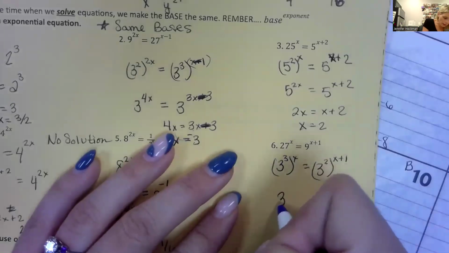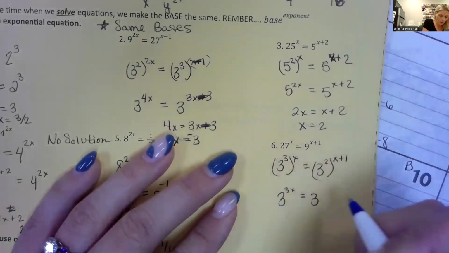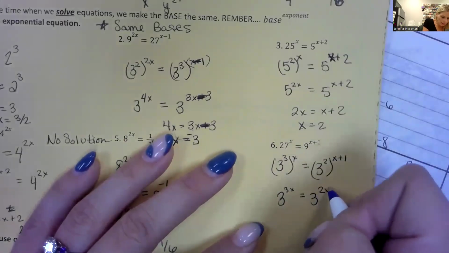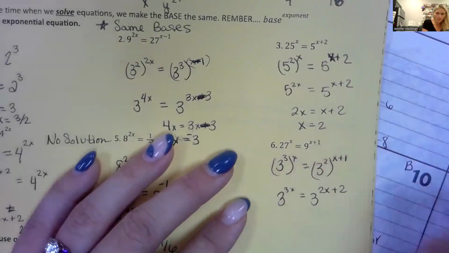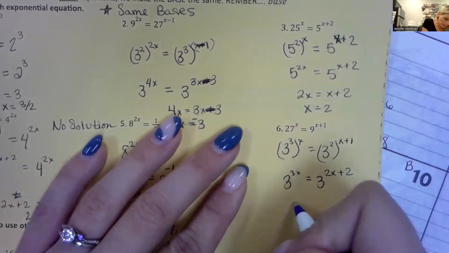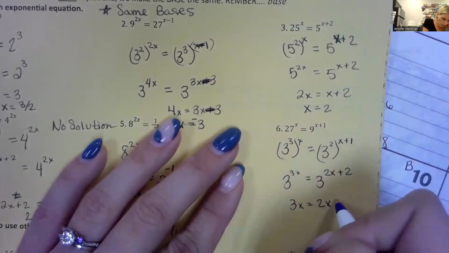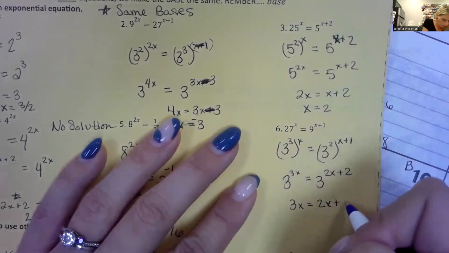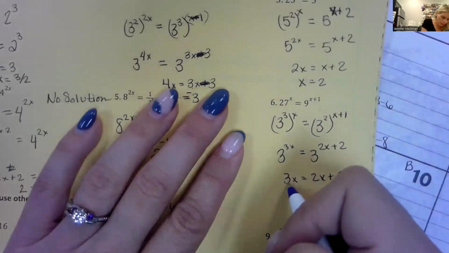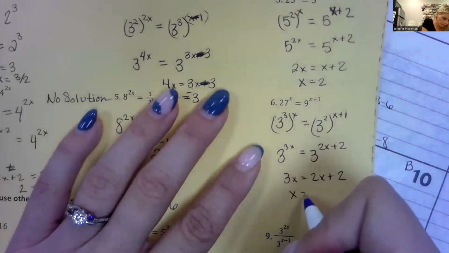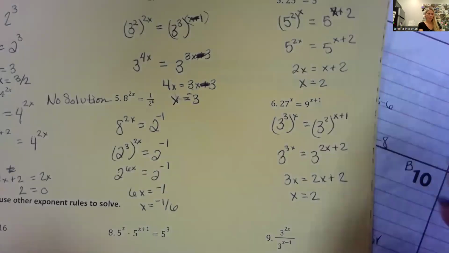So this is going to be 3 to the 3x equals 3 to the, well, 2 times x is 2x, and 2 times 1 is 2. Focus on the exponents. 3x equals 2x plus 2. And then solve for x, so we're going to move the 2x over, giving us x equals 2. And we are done. Okay?